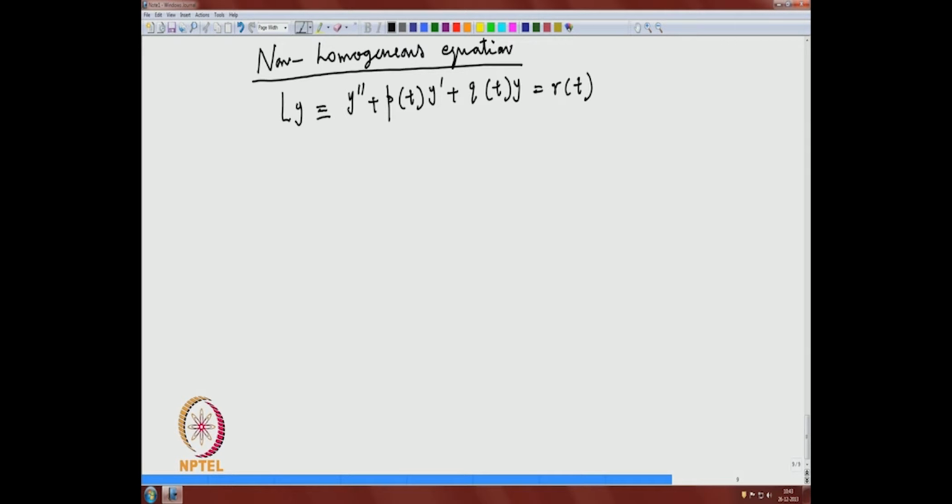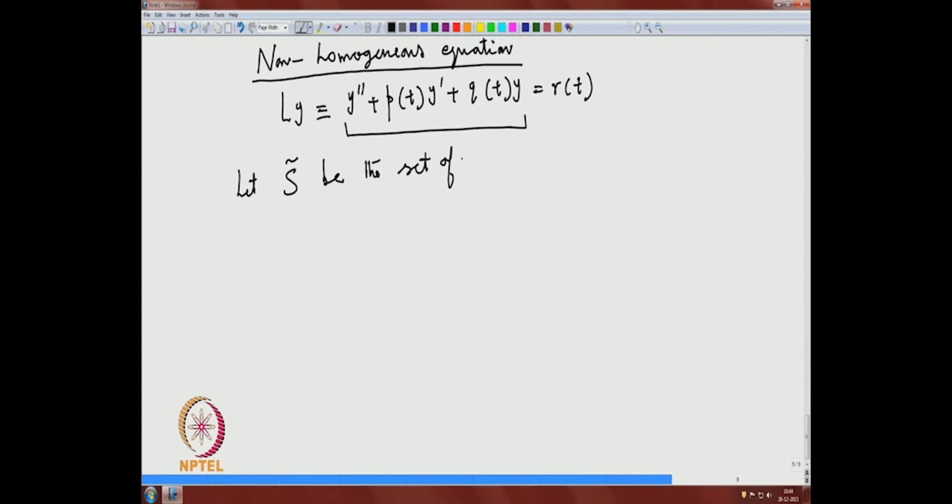Naturally, you cannot expect a linear space now, because if y1 and y2 are solutions, y1 plus y2 cannot be a solution: L of y1 plus L of y2 is 2R(t), not R(t). So it does not have the linear structure, but you will see some affine structure. Let S tilde be the set of all solutions.